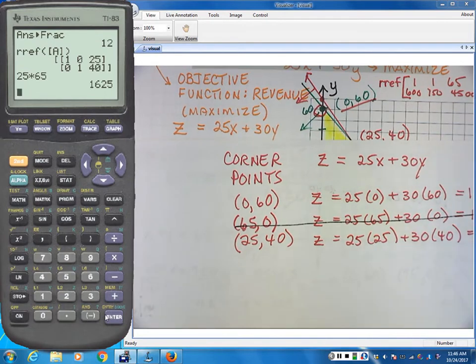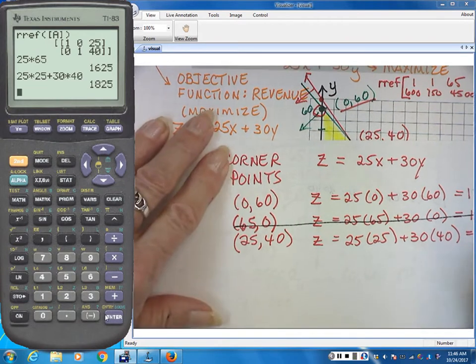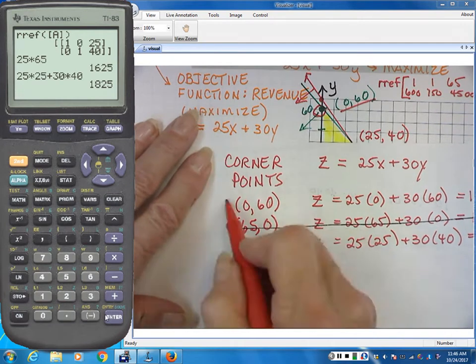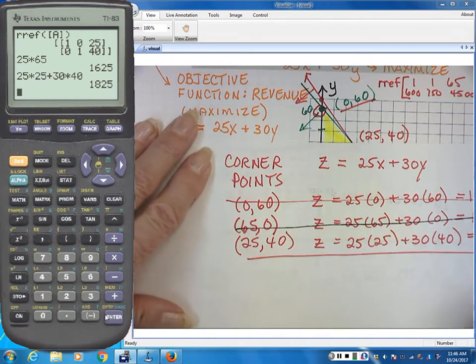So 25 times 25 plus 30 times 40 is 1,825. So that's not it either. This gives us the maximum.